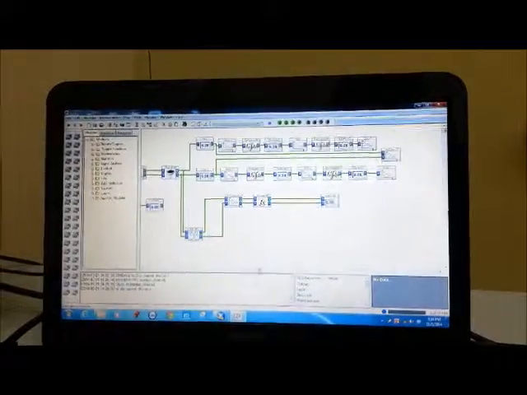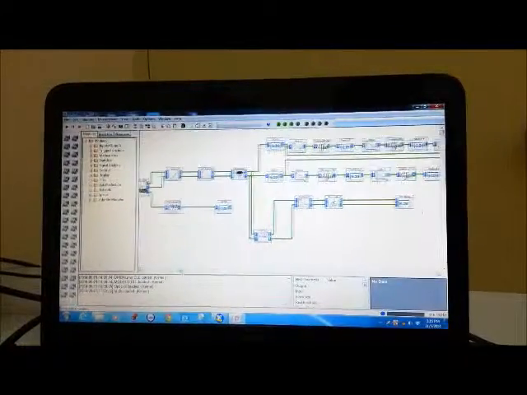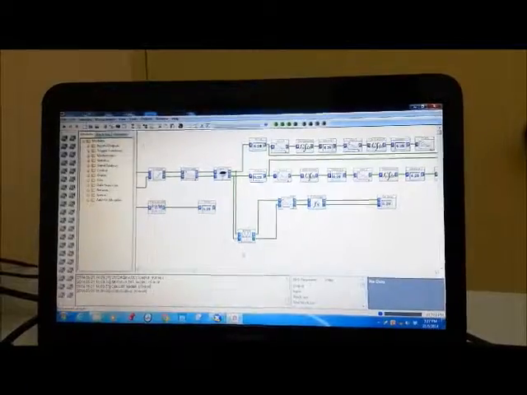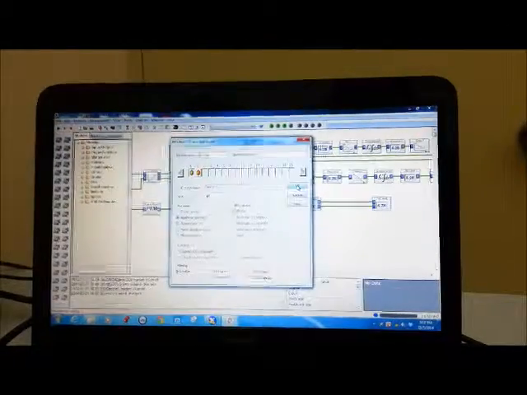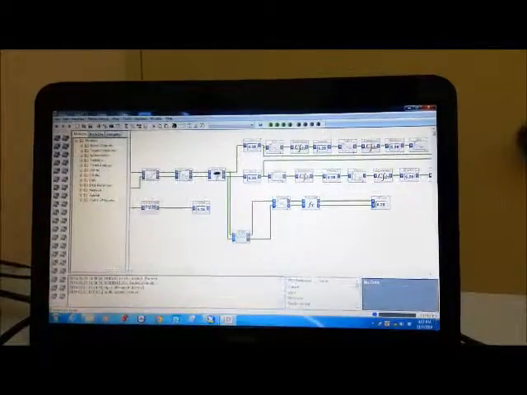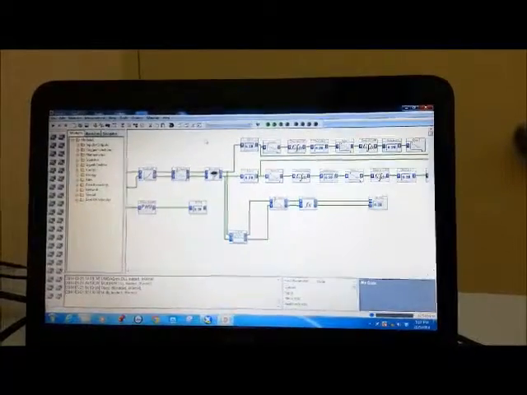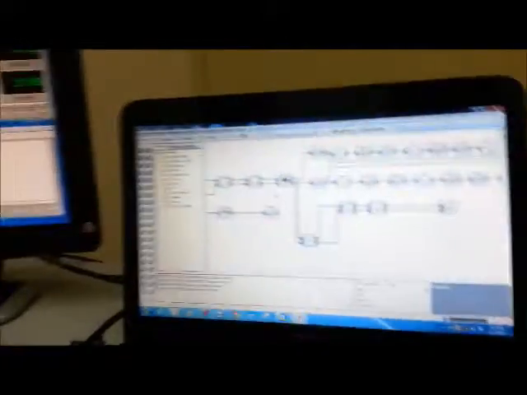And then this is the worksheet. We use the FFT here to know the natural frequency, and we get the value.